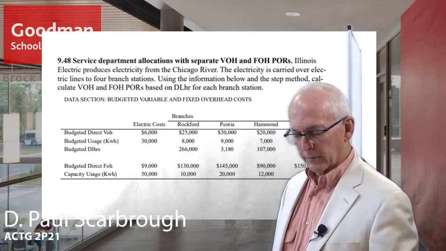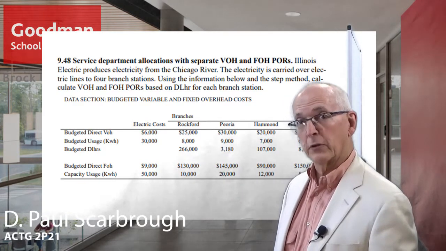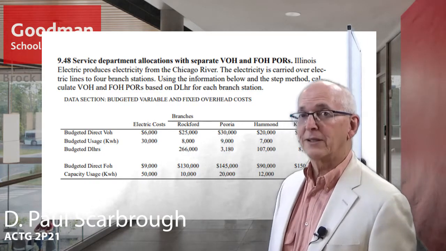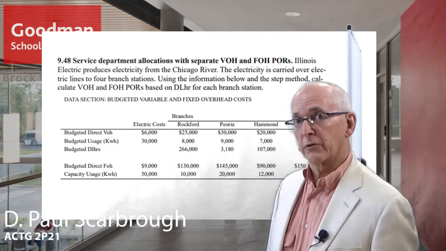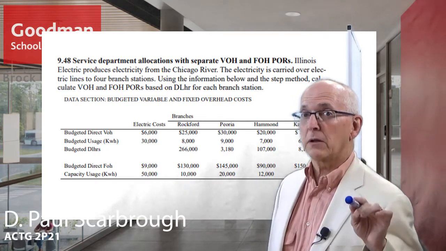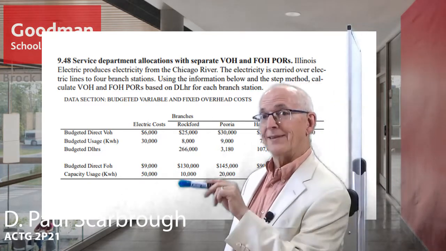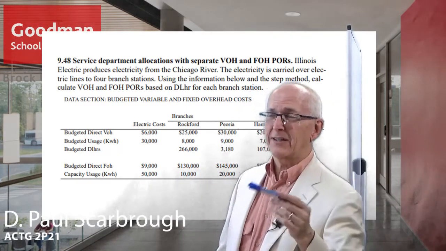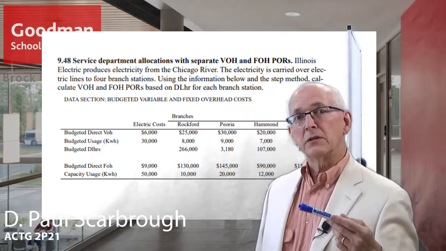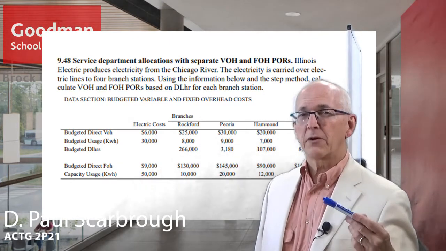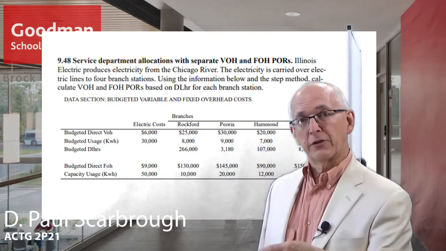If we convert those to proportions, we will add them up, and we will get actually a total of 30,000 kilowatt hours, which notice is actually what we have under the variable cost column for the electricity generated. That's because for the variable cost, the amount of electricity we produce is equal to the amount that they use. I mean, in a technical way, maybe there is a little bit of line loss, but the assumption is, based on our measurement skill level, that what we generate is what is actually used.